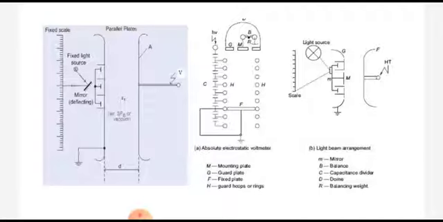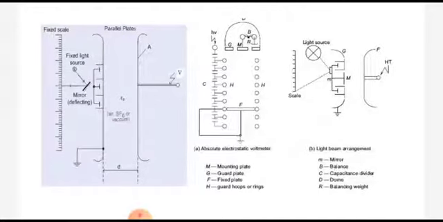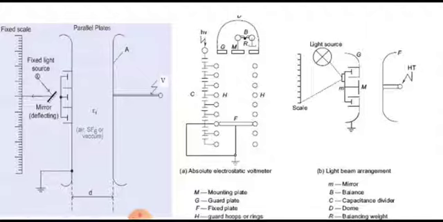So the moving disk: you can see the diagram. M is a moving disk and it forms a central core of the guard ring. The guard ring is indicated by G. You can see in the second figure you have the G here, that is your guard ring, which is of the same diameter as the fixed plate F. You have the fixed plate F below if you see the diagram.